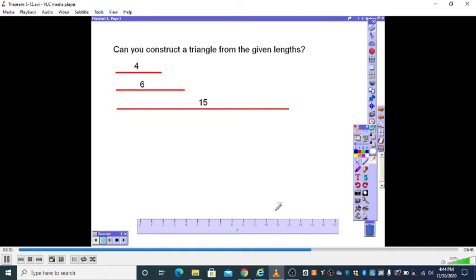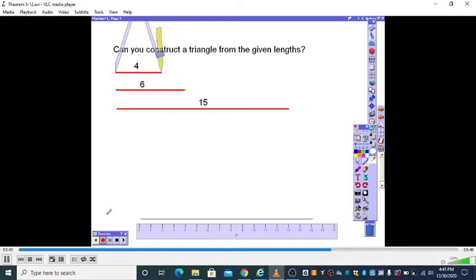Now, the next one would be 6, 4, and 15. Do they form a triangle? I'm really hoping that you can see this one better than the others.